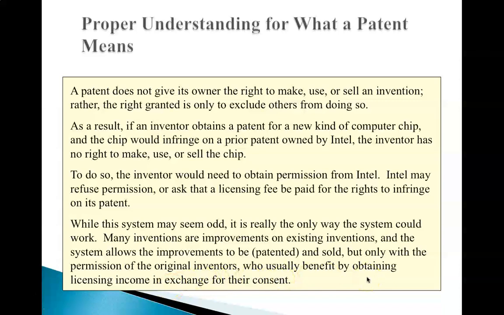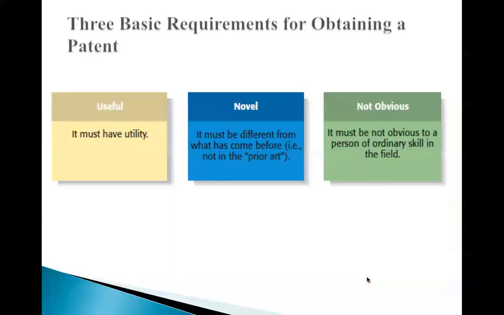And I think that makes sense, just to reiterate that a lot of things are built on previous inventions, and if you weren't allowed to develop on a previous invention, well, inventions would become very limited.